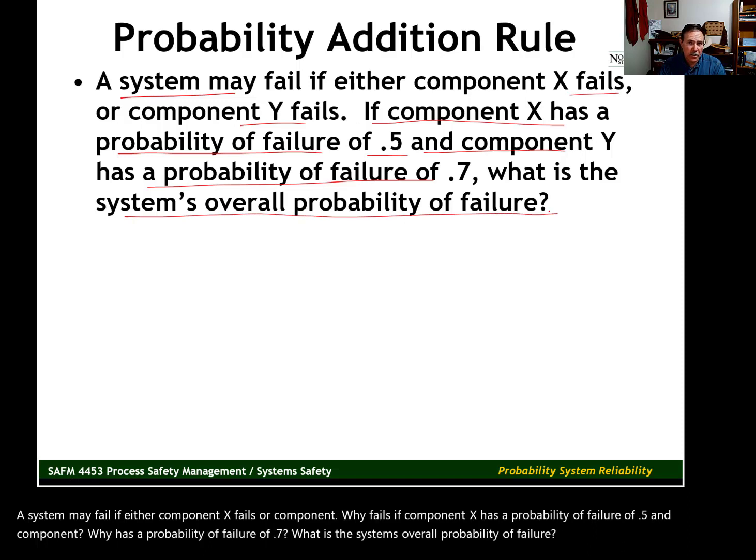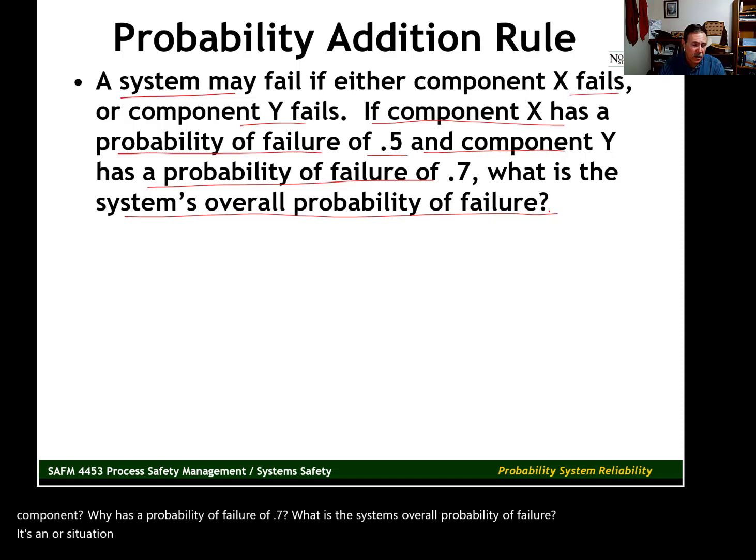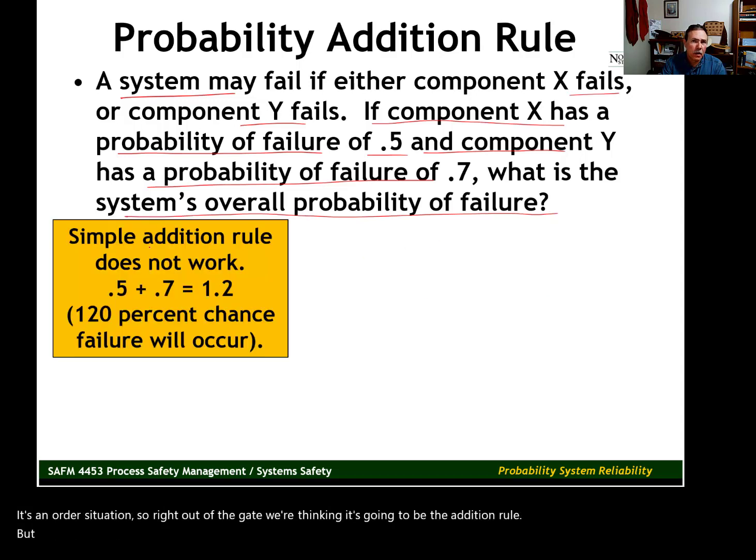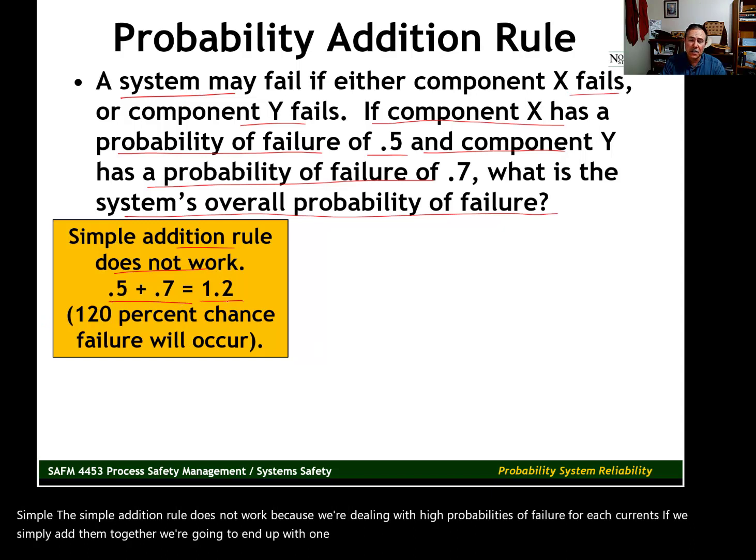It's an OR situation, so right out of the gate we're thinking it's going to be the addition rule. But the simple addition rule does not work because we're dealing with high probabilities of failure for each occurrence. If we simply add them together, we're going to end up with 1.2, meaning that our system is doomed to failure. There's a 120% chance that failure will occur.